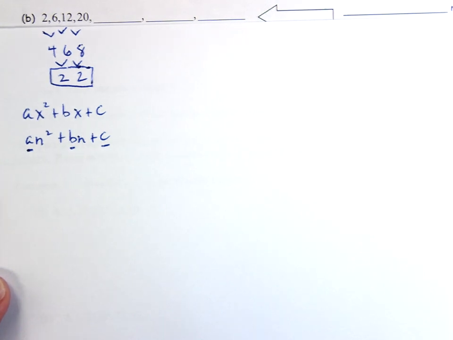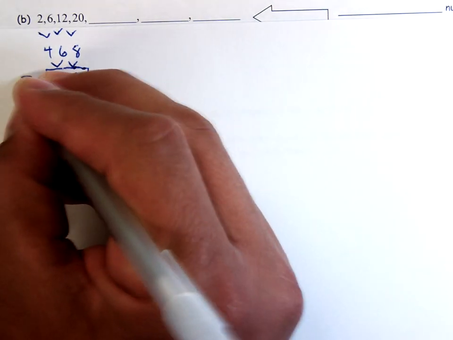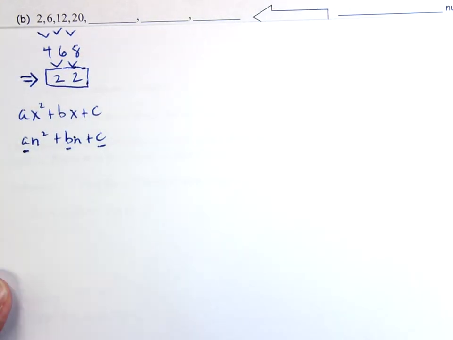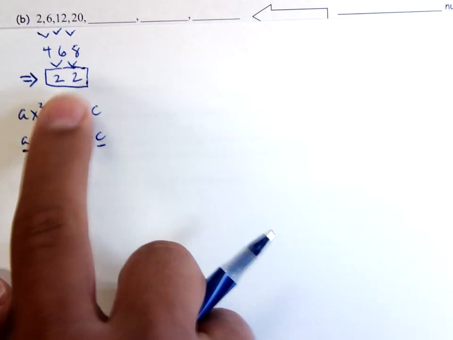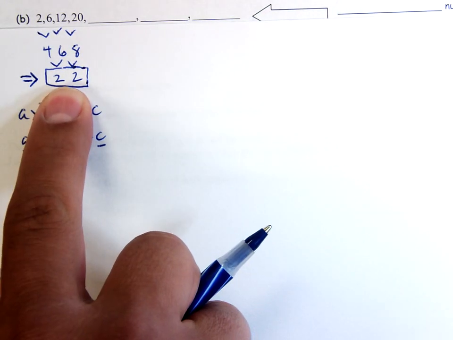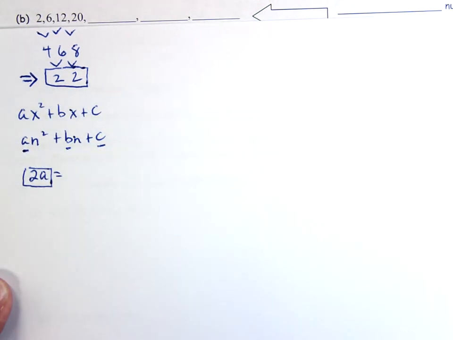Okay, so the a is the easiest one to find. Whatever I get for my second difference, which in this case I got 2, I always do this. I put 2a equals whatever I got for my second difference. It's always 2a. Always 2a.